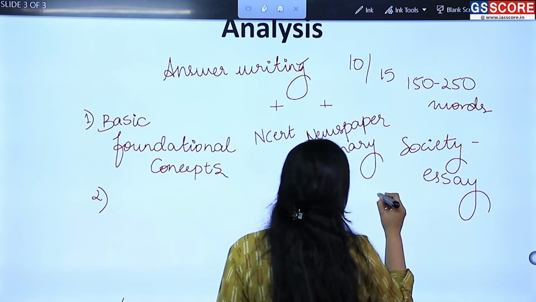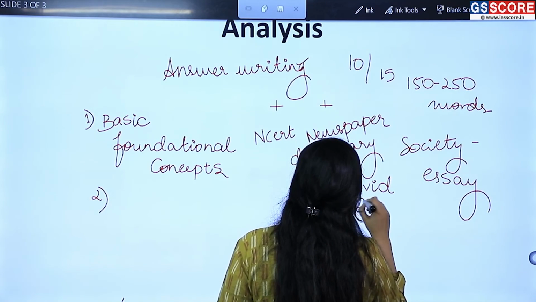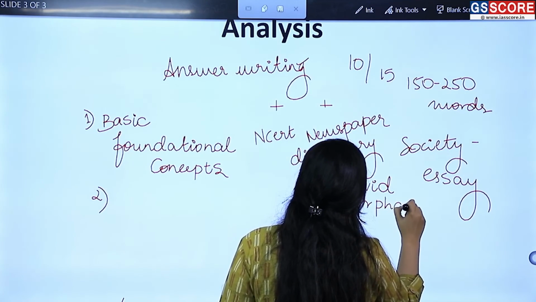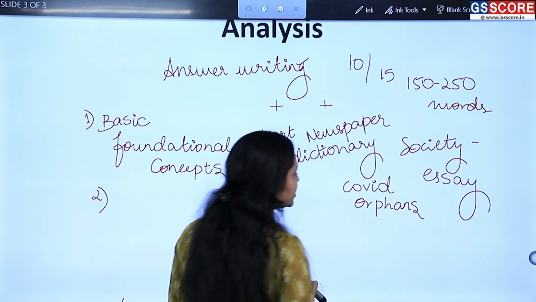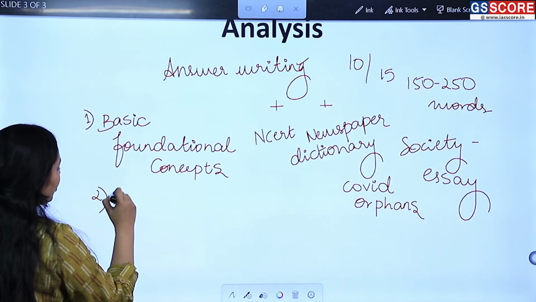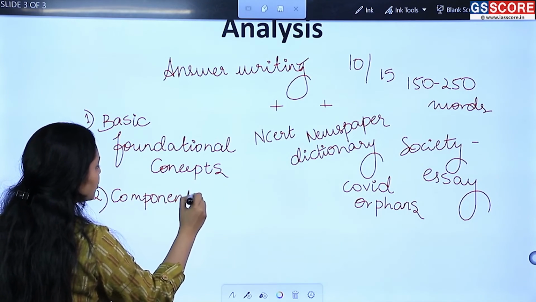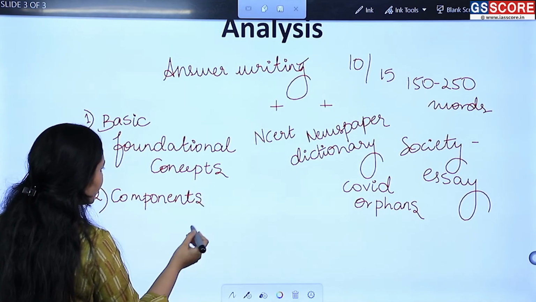Over here, I'll just give you a brief idea. So there could be a question on how the problem of COVID orphans has come up and what the challenges are, what is the way forward, right? What are the components to your answer? This depends on the demands of the question, but briefly, what could be the components?